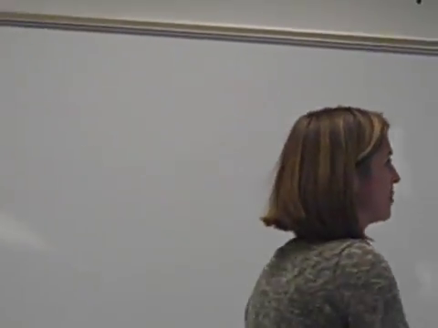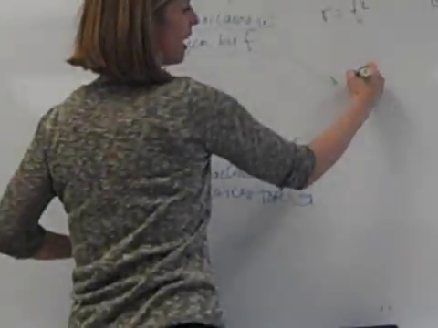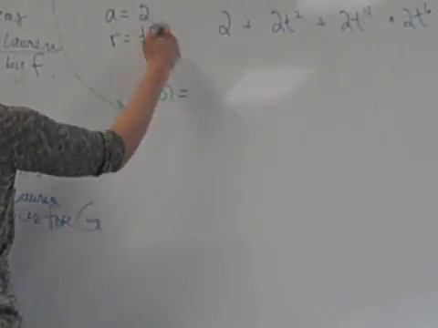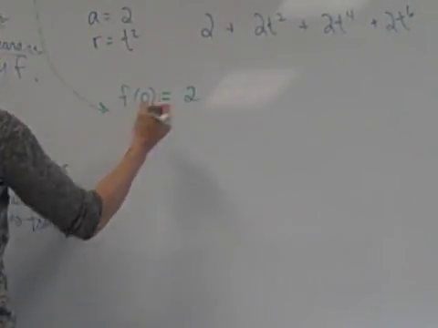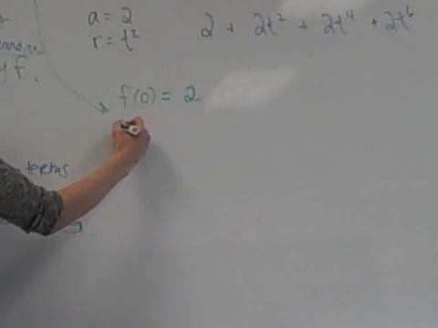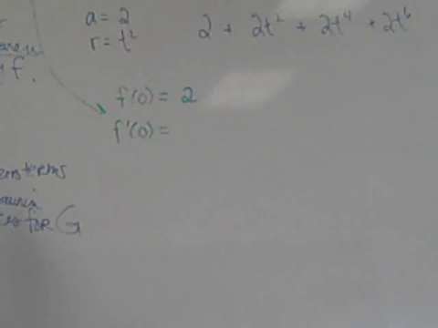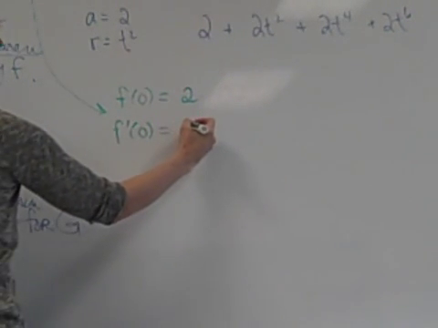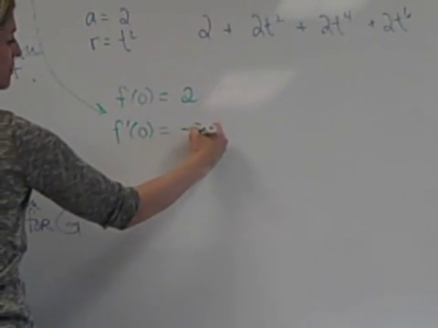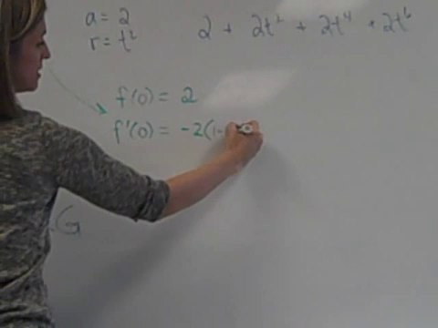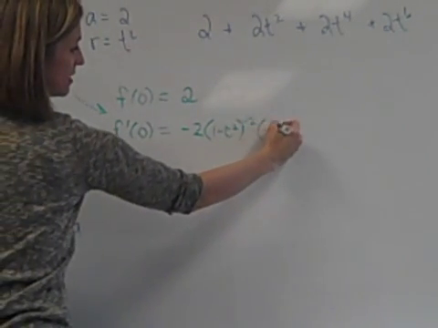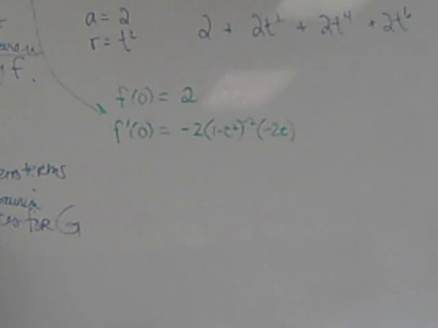It's just going to be a huge pain in the neck. I could say f of 0 equals 2, and then I have to find f prime at 0. I have to take the derivative of that and get negative 2 times 1 minus t squared to the negative second times negative 2t.